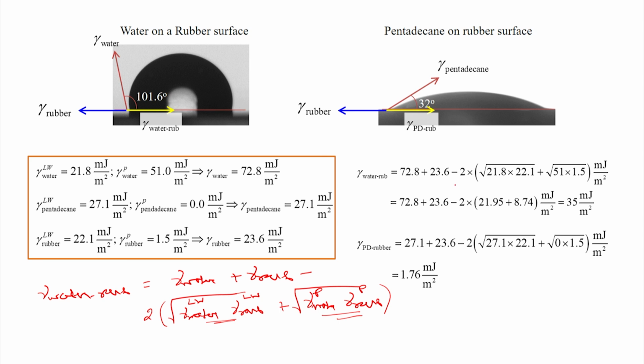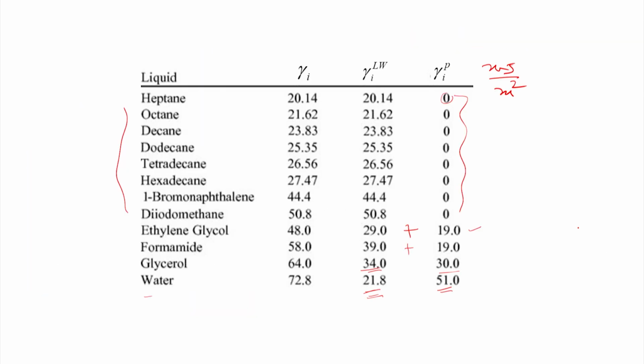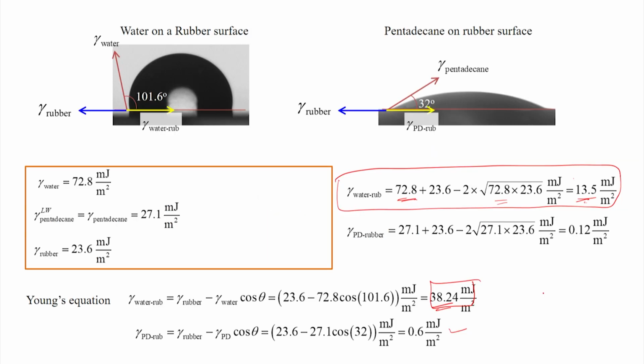When you do that, these values come out to be 35 here and 1.676 millijoule per meter square. We measured the angles manually, so there is a little change in the angle and a little change in the values, but 35 and 38, which we had obtained earlier from Young's equation, match quite nicely.